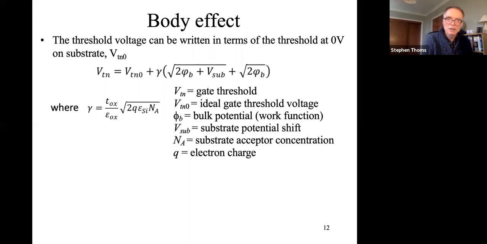So this is what it would be if the substrate was at 0. Here we've now got a substrate that's floating, and you can obviously see that as this value V rises, then the threshold voltage will rise.